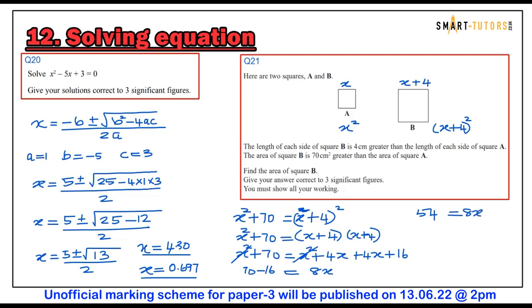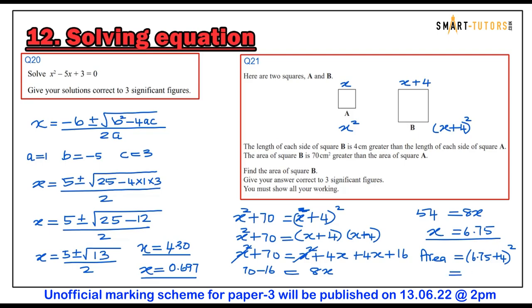So if you use the calculator, 54 divided by 8. So the answer is 27 over 4. So x equals 6.75. You can use the calculator to get the x. So find the area of the B. So area of the B is x plus 4, so 6.75 plus 4 squared.